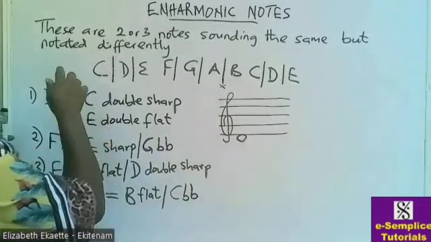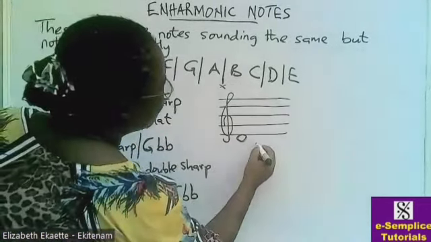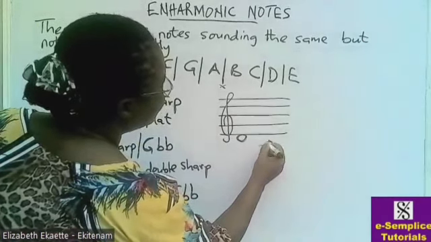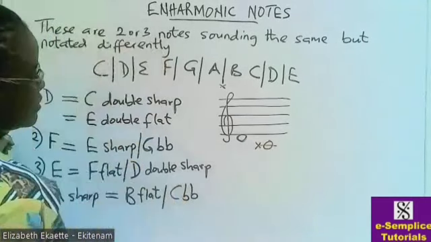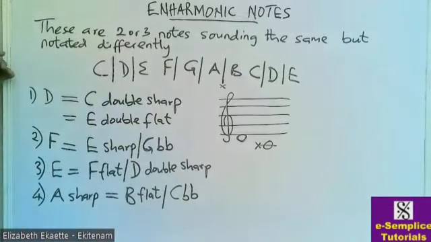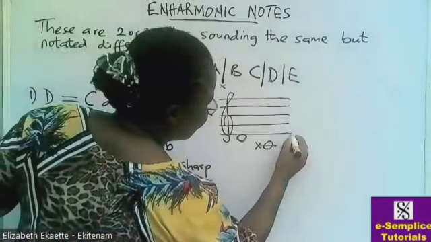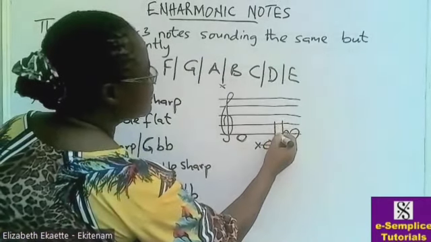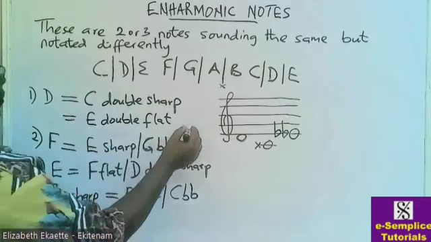The first enharmonic note is C double sharp. Double sharp on the stave is represented with a small x. So C double sharp. Let's extend the stave a bit so that we can show E double flat. That's how to represent question one on the stave.